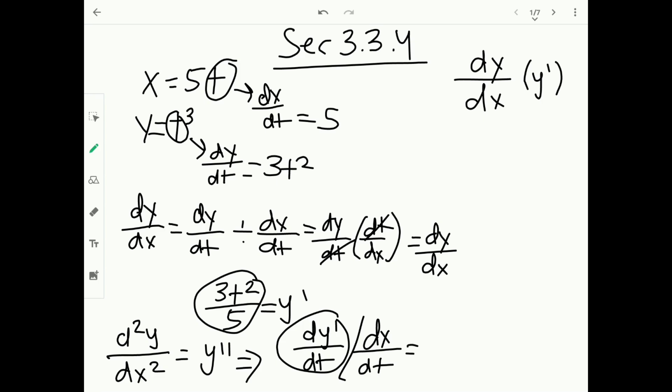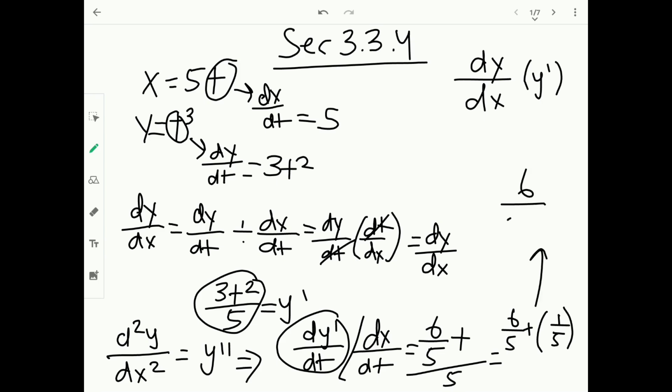Well, for that you have to derive that: 3 over 5 times 2 is 6 over 5t. All of that over 5, if we simplify, 6 over 5t times 1 over 5, leading us to 6 over 25t. And this is the second derivative.